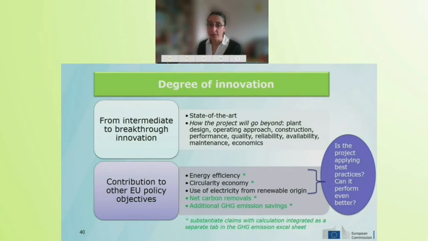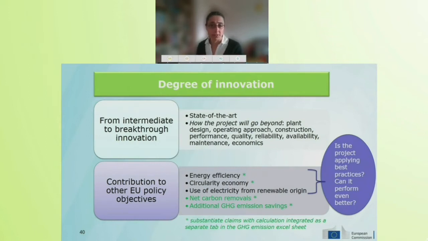Then the last element, additional greenhouse gas emission savings, is something which was actually there right from the start. From the first stage, if you want, we have been quite clear that the methodology for greenhouse gas emission avoidance has to be applied, and there are certain boundaries that you're supposed to follow.